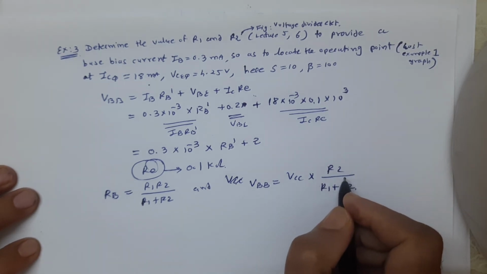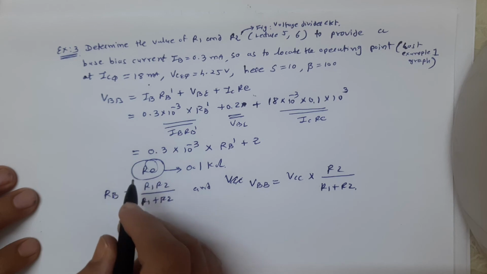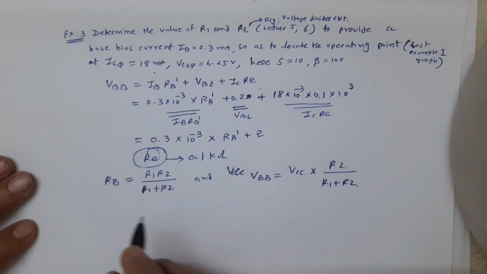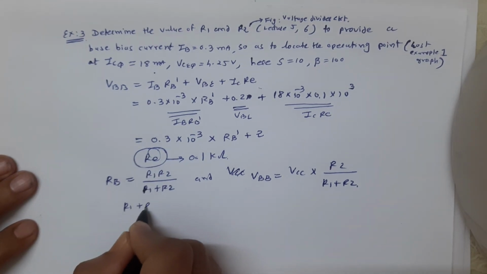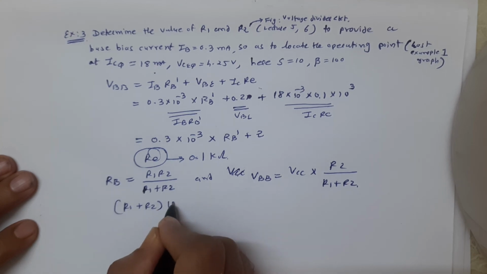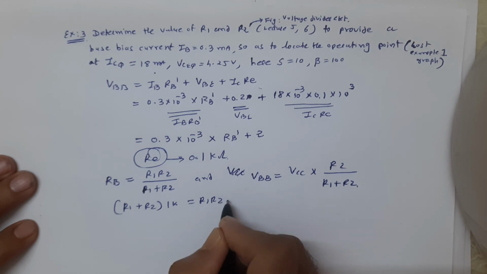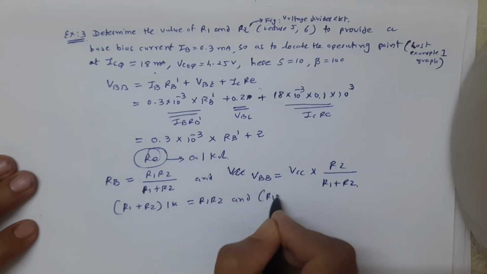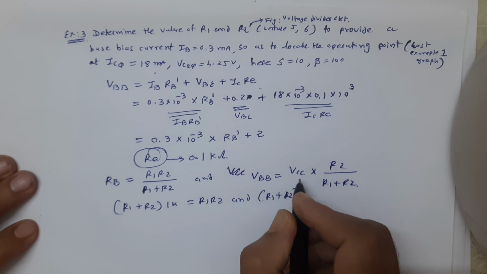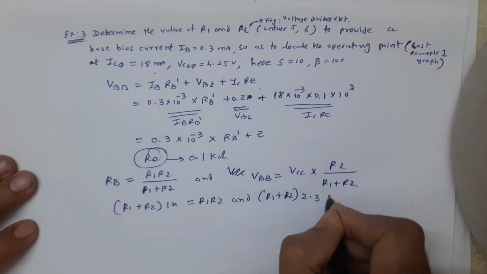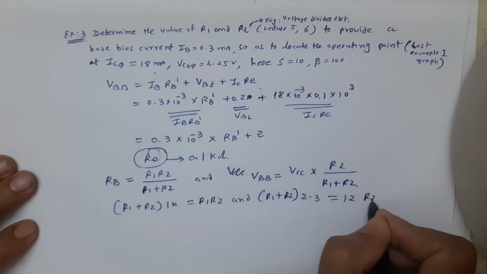Here R1 R2 upon R1 plus R2 is 1 kilo ohm, so R1 R2 is equal to (R1 plus R2) times 1K, and 2.3 (R1 plus R2) is equal to 12 R2.